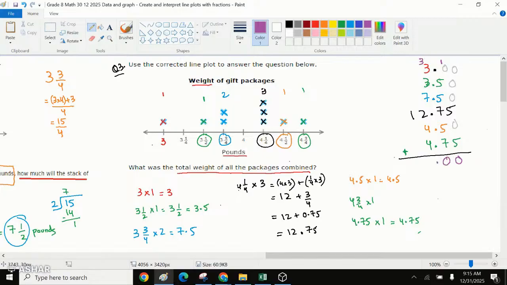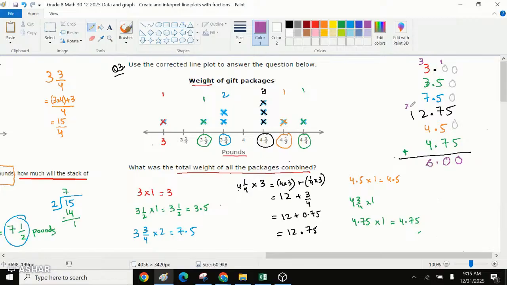3 plus 3 plus 3 plus 7 plus 2 plus 4 plus 4. So 3 plus 3 is 6, 6 plus 3 is 9, 9 plus 7 is 16, 16 plus 2 is 18, 18 plus 4 is 22, 22 plus 4 is 26.